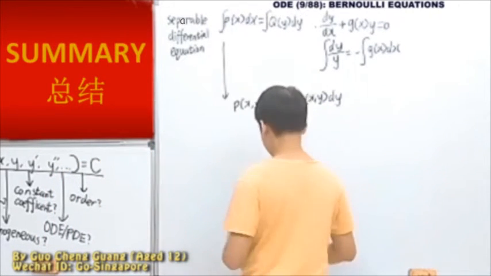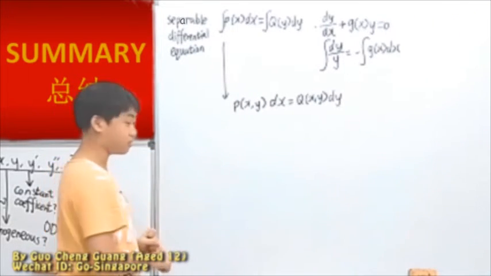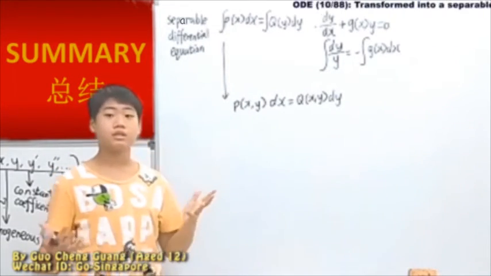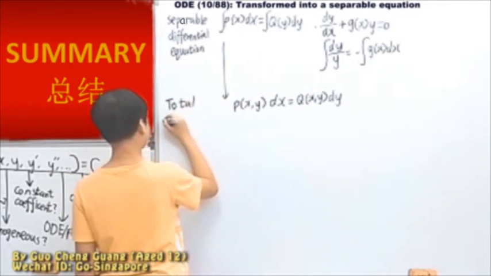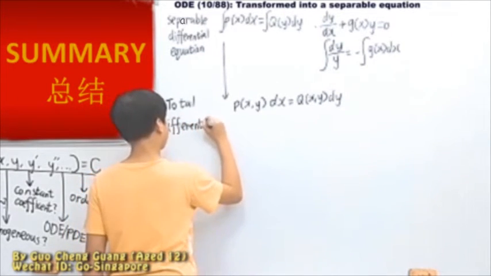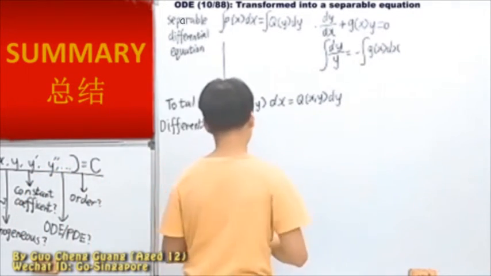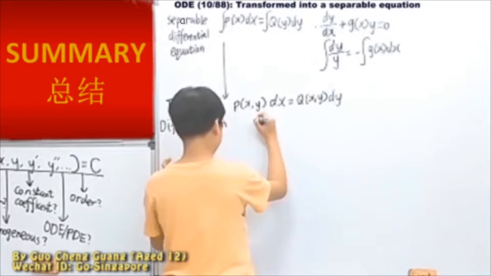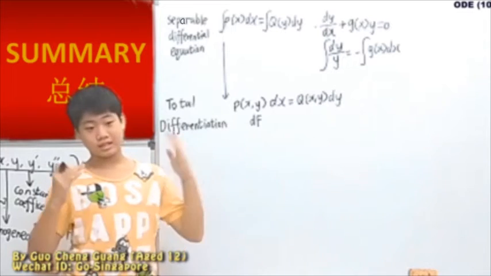So what will come to our mind next is the total differentiation. We have to use total differentiation as they cannot be separated. The form of this total differentiation you actually write just like df.